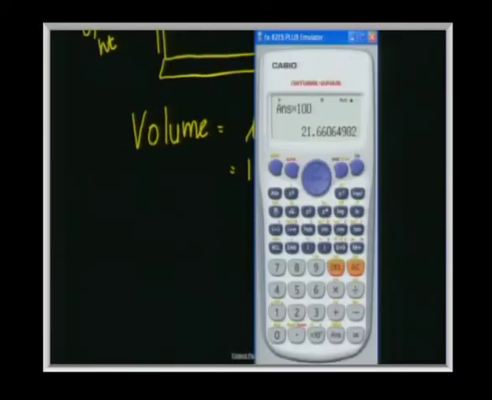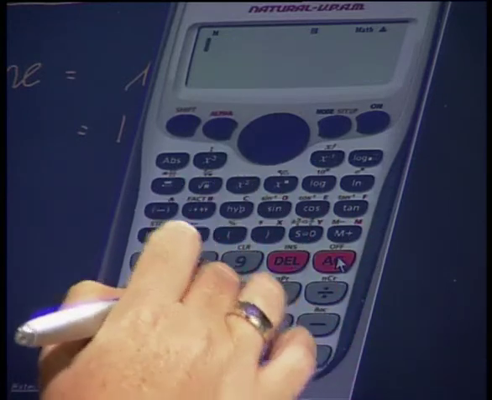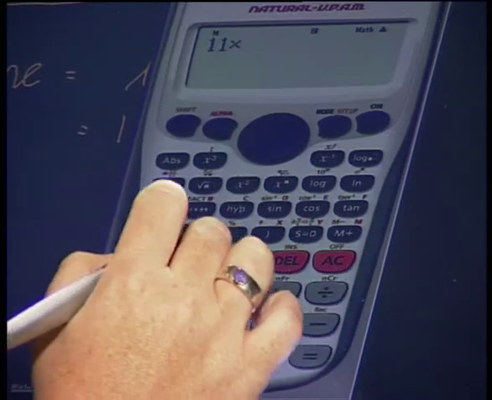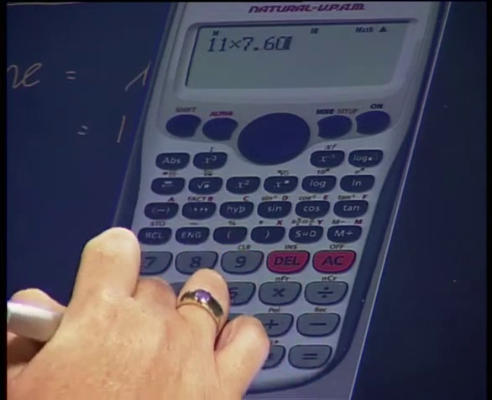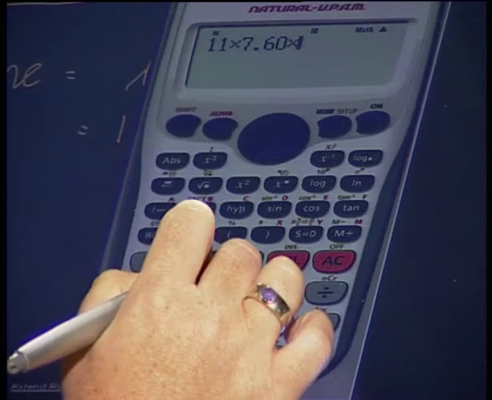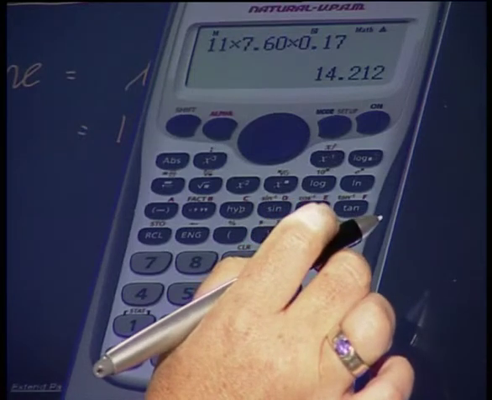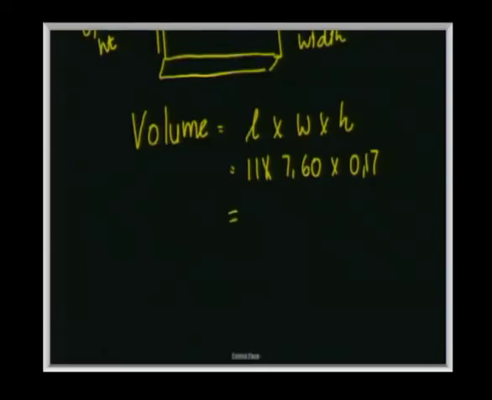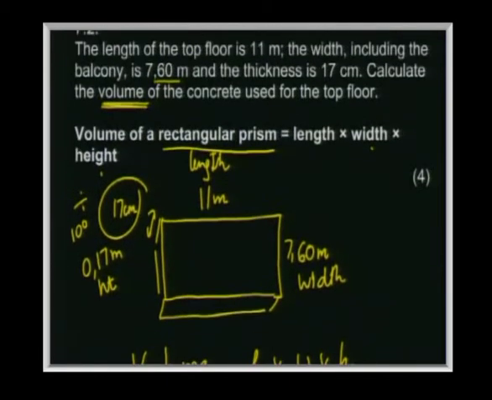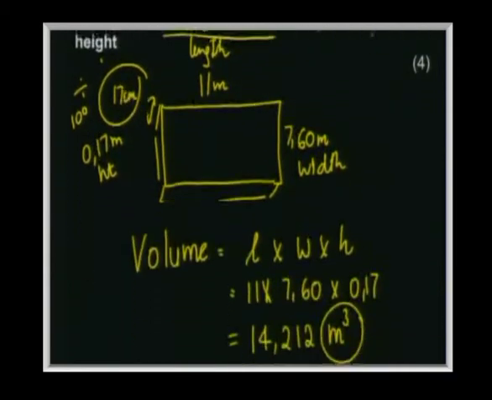Doing that on my calculator, it's 11 times 7.60 times 0.17, which gives me an answer of 14.212. It's in meters and it's volume, so it should be meters cubed. Please make sure you write the right units of measurement. Let's check if there was any specifications about decimal places. No, it's fine. Right, so let's go on and do the next question.